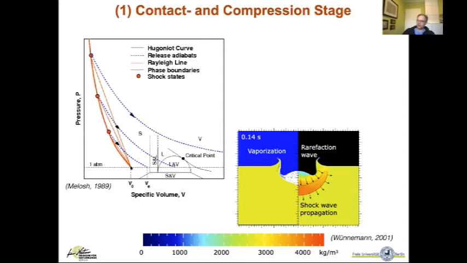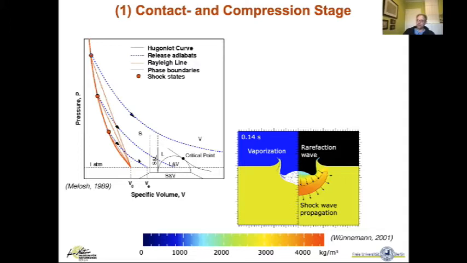So if we start from here as an initial density or specific volume, and we jump up here to this shock pressure, then we follow an adiabatic release, which is the dashed blue line, and we end up here at the end in a liquid-vapor field, which means that after the release from shock pressure, the material is either molten or even vaporized.